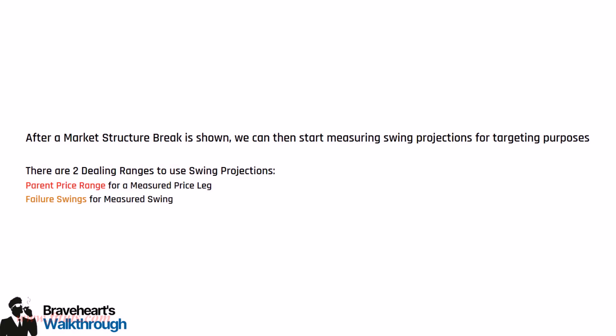After a market structure break is shown, we can then start measuring swing projections for targeting purposes. There are two dealing ranges to use for swing projections. We can use either the parent price range for a measured price leg, or the failure swings for a measured price swing.